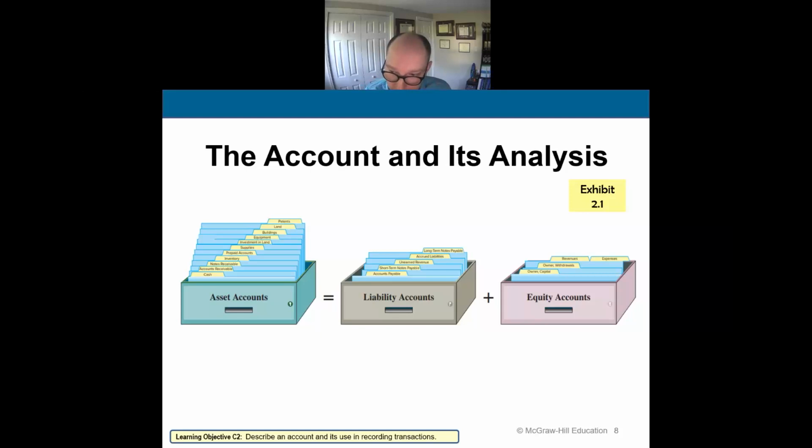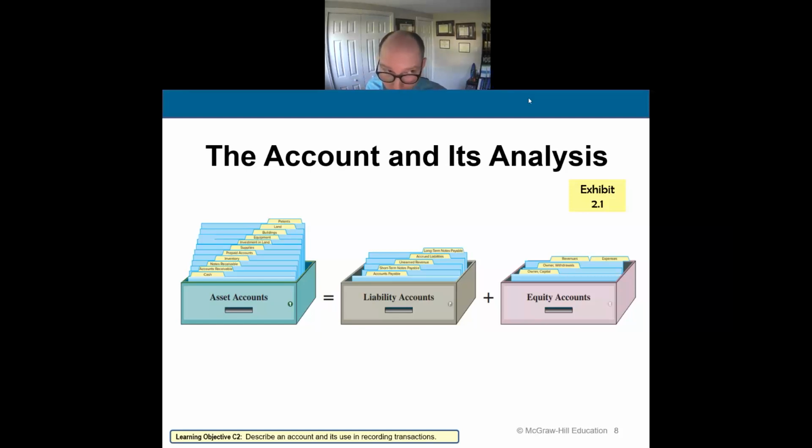Prepaid insurance expense is an asset to the business because I can always cancel that insurance policy and that money comes right back to the business. That's why it's an asset. Prepaid means when I prepay something, I'm paying it in advance of it becoming due.